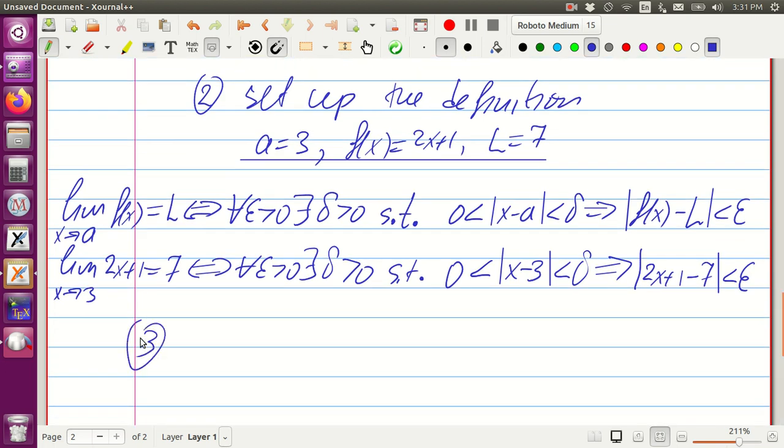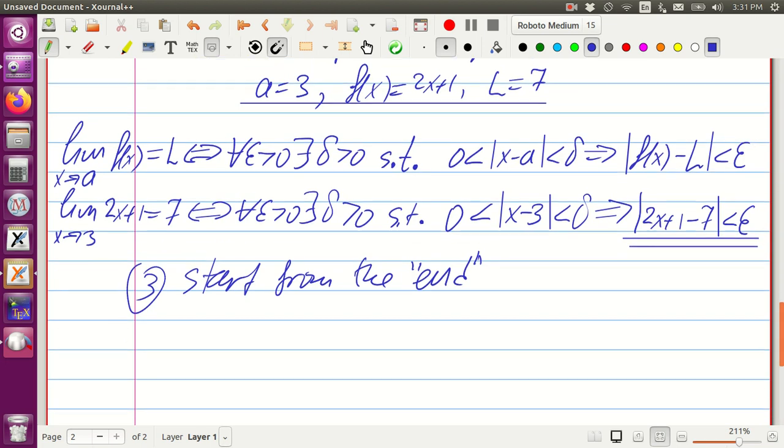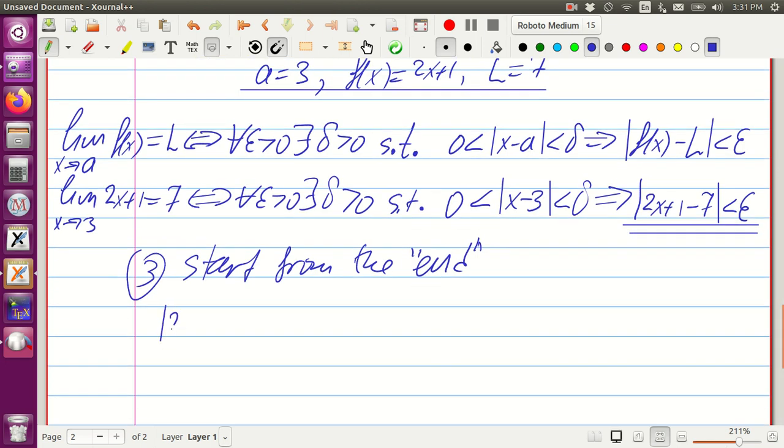Now step number 3, start from the end. What do we mean start from the end? Take the last expression over here. So we take the absolute value of 2x plus 1.